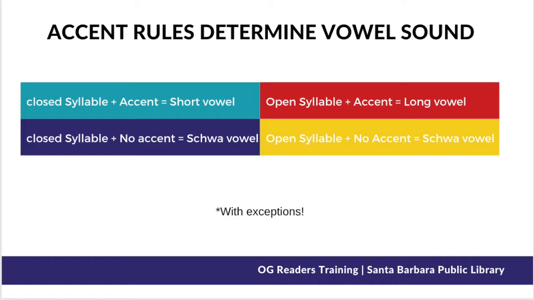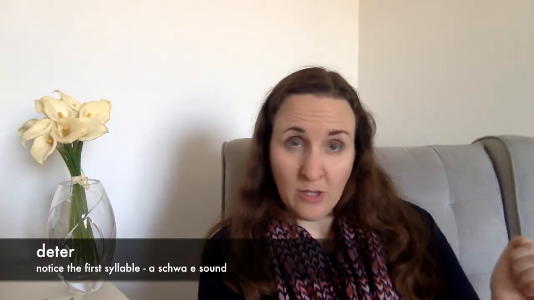This is why in your brain, as you divide up the syllables, you kind of know how to pronounce them because we have these generalizations. But if you can think of an example where there is not an accent, for example, an open syllable that's not accented. So think about the word deter. I think you might want to deter me from talking about this too long.